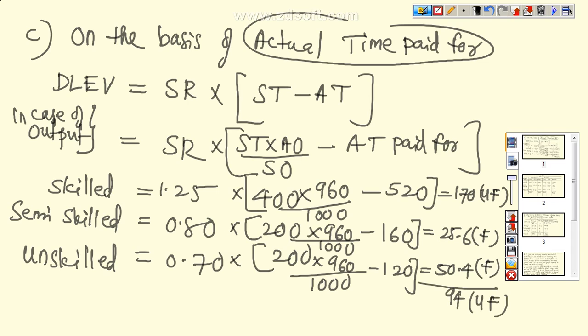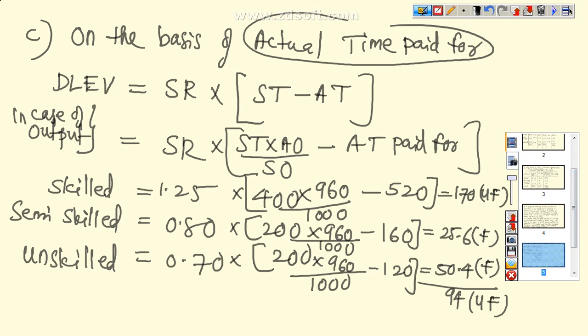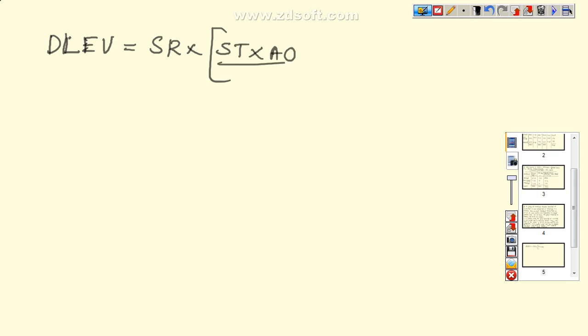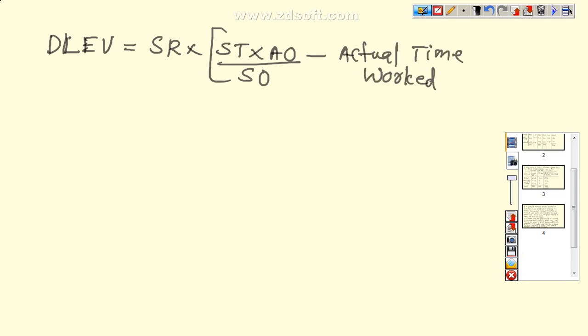The same efficiency variance we can calculate on the basis of actual time worked. Direct labor efficiency variance is equal to standard rate multiplied by standard time into actual output upon standard output minus actual time worked.